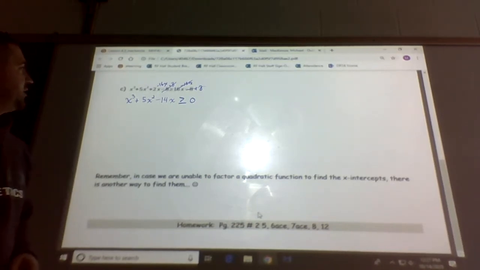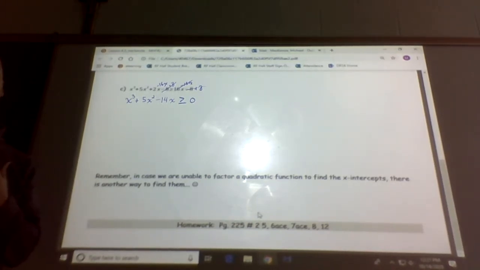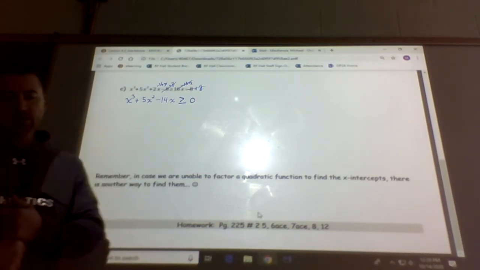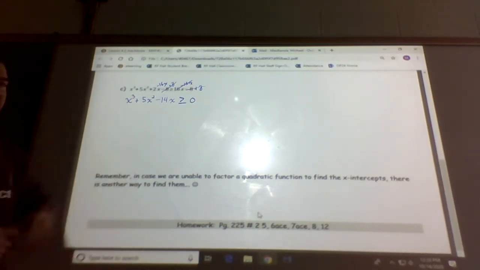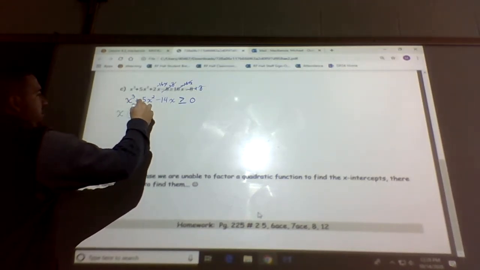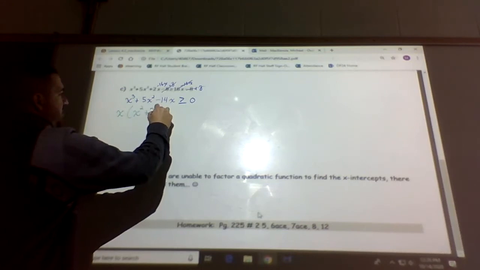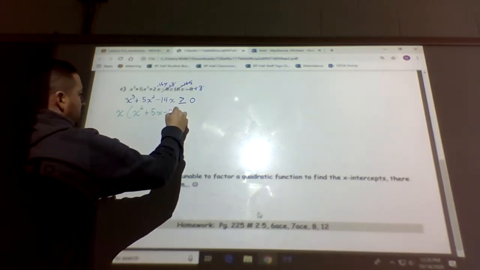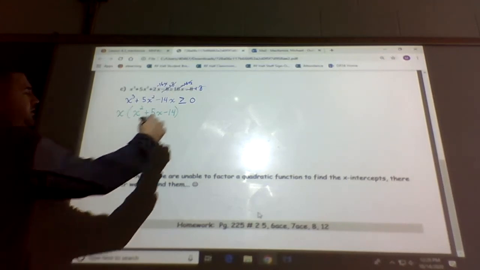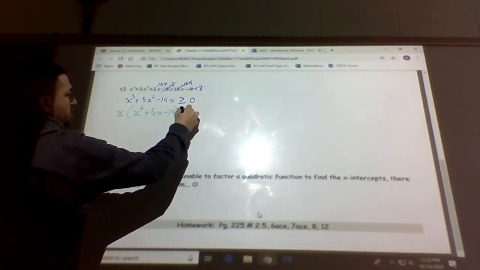Okay, so now we are going to factor. Again, the first thing to do always is to look for a greatest common factor. So in this case, they all have x's. So we're going to factor out an x. So x times x squared plus 5x minus 14 is greater than or equal to 0.